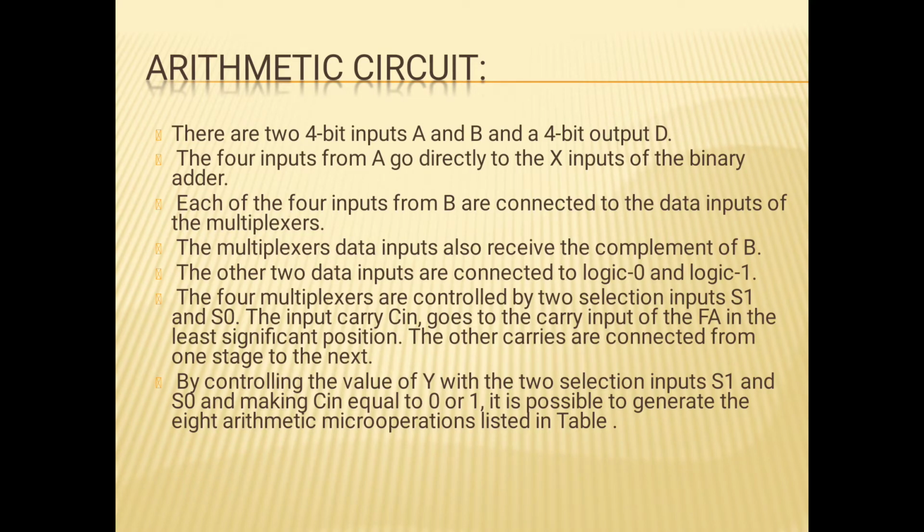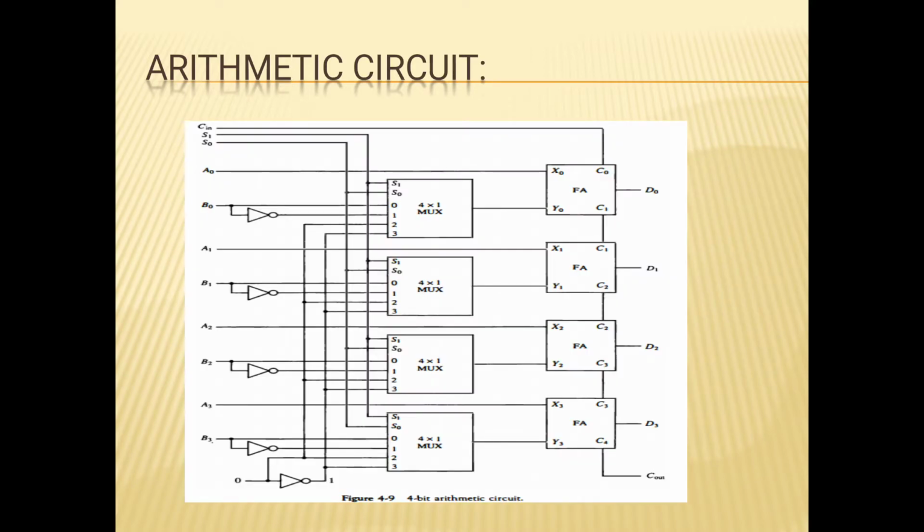There are two 4-bit inputs A and B and a 4-bit output D in the diagram. The inputs are A0, A1, A2, A3 and B0, B1, B2 and B3.